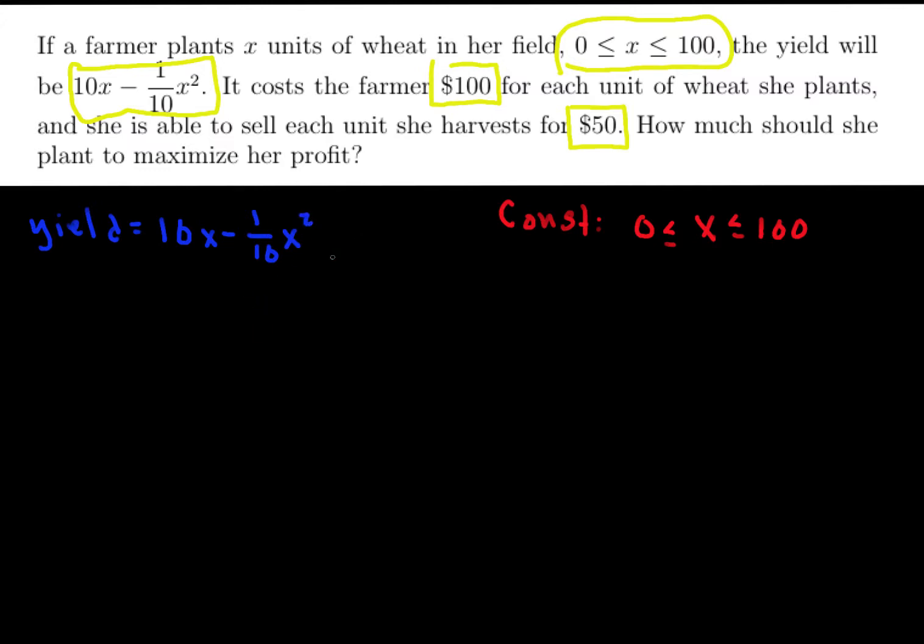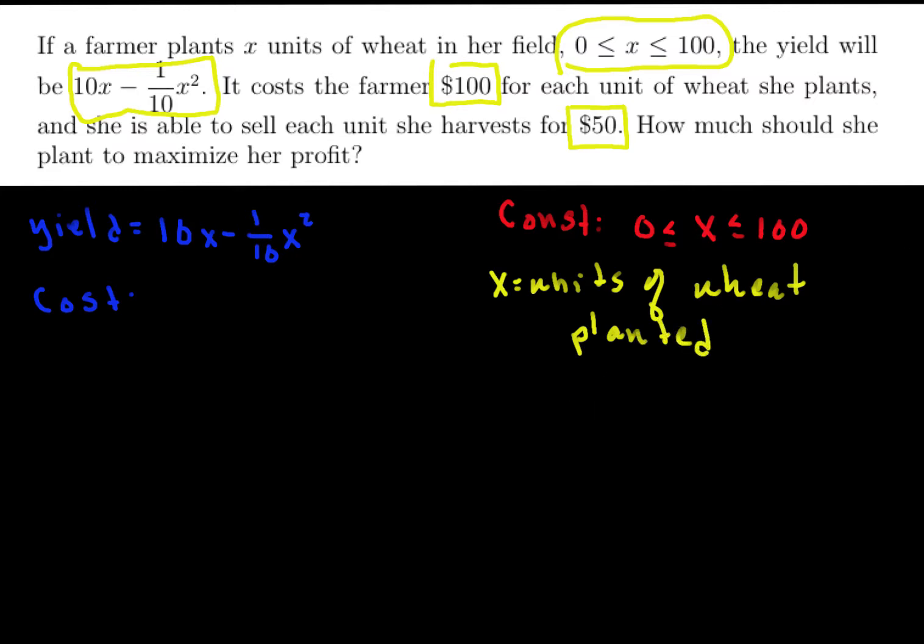We know that the cost is $100 for each unit. We should say what x is, even though it's in the problem: x is units of wheat planted. And it costs $100 for each unit planted.